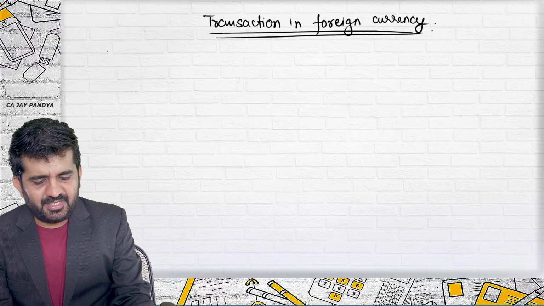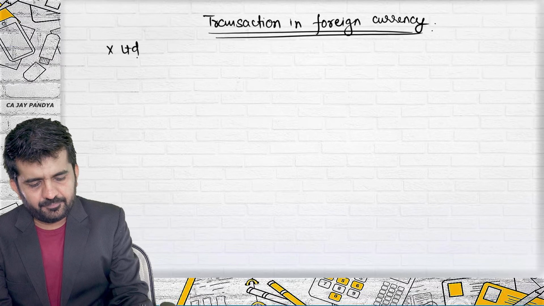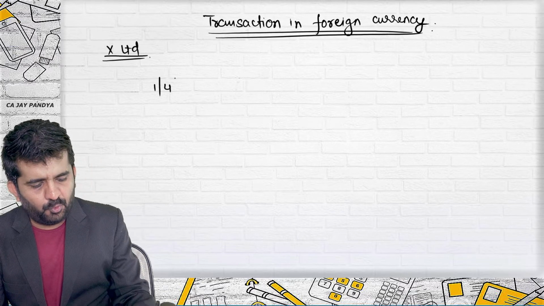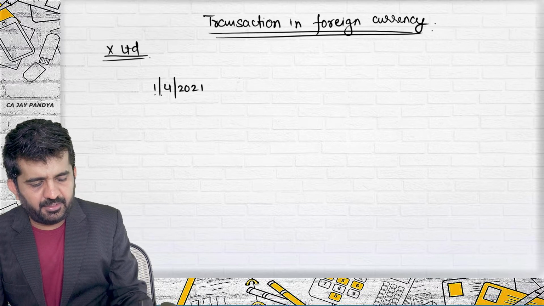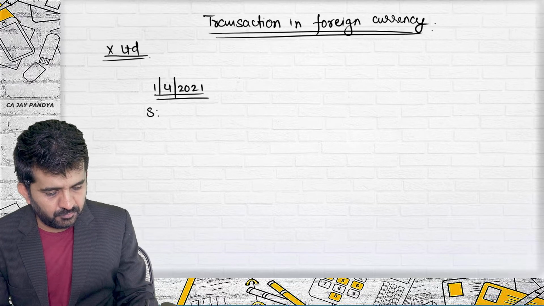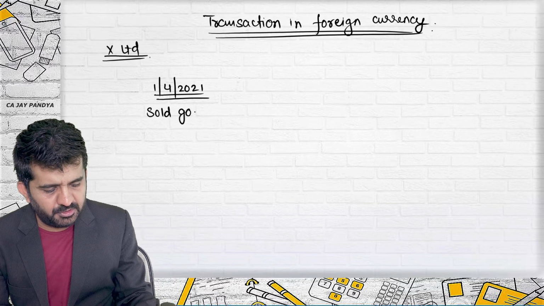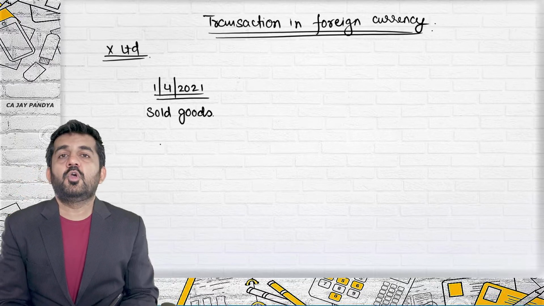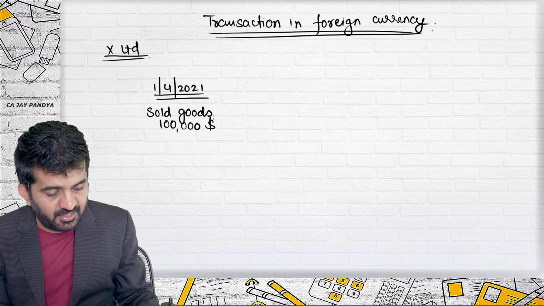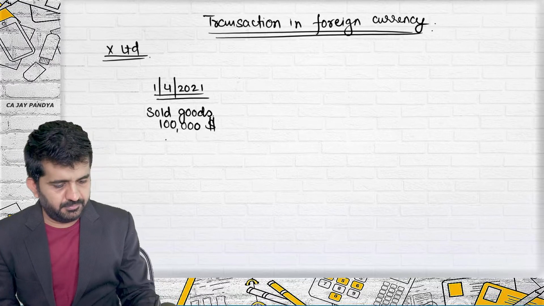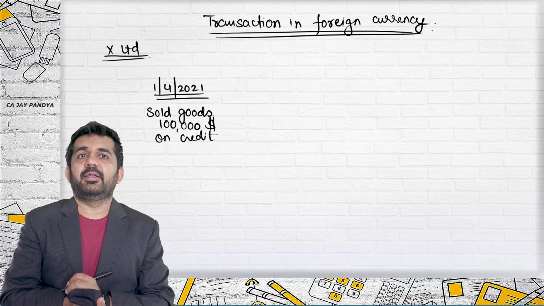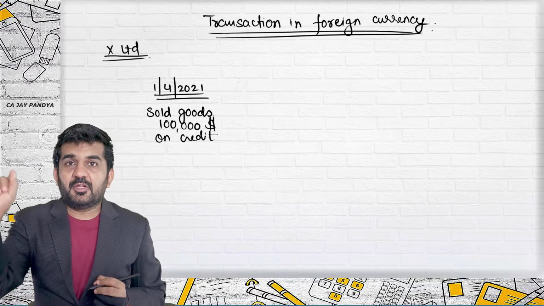My company's name is X Limited, and on 1/4/2021 we have sold goods of 1 lakh US dollars on credit.